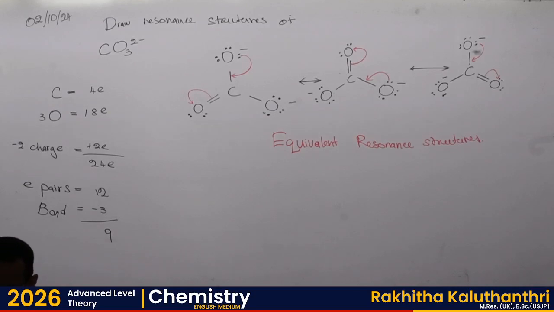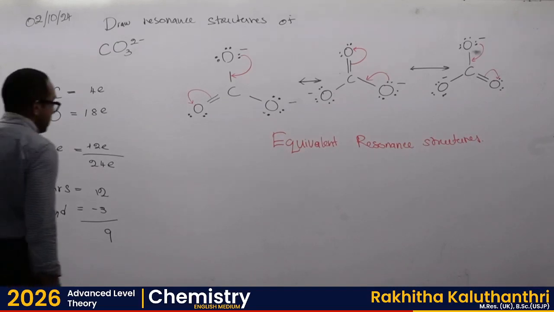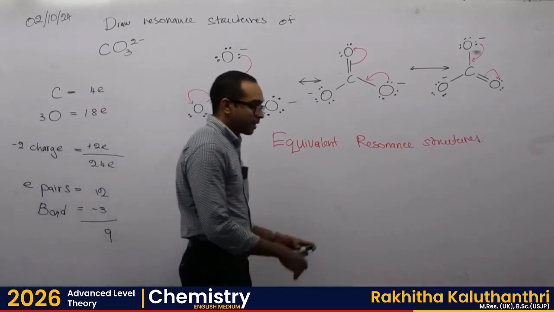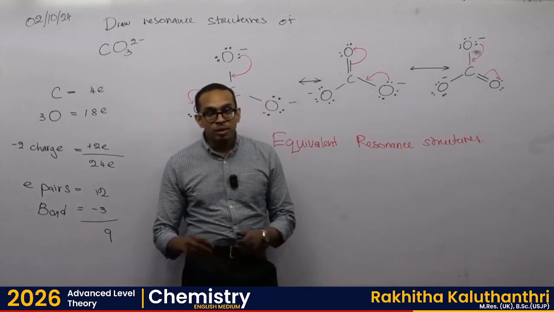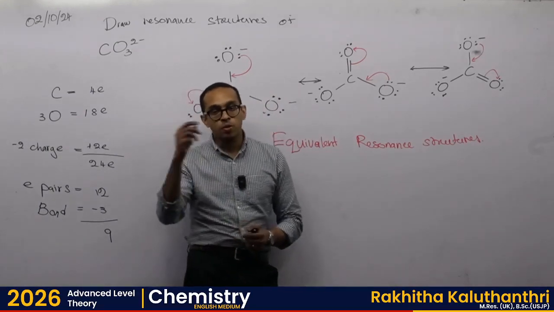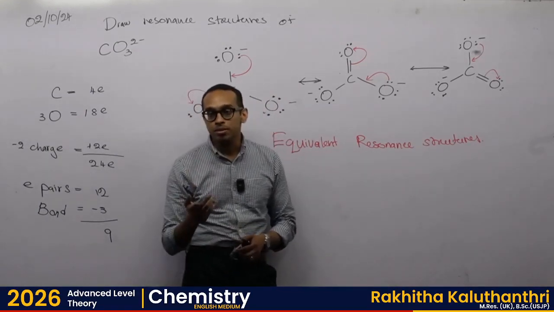So when drawing resonance structures, or when drawing Lewis structures in general, these are the main rules that you need to adhere by. The first one is structures that can be drawn with a minimal amount of formal charges on them tend to be more stable.